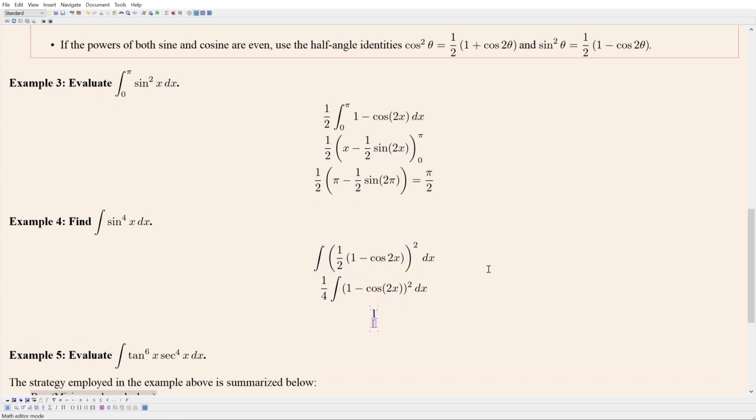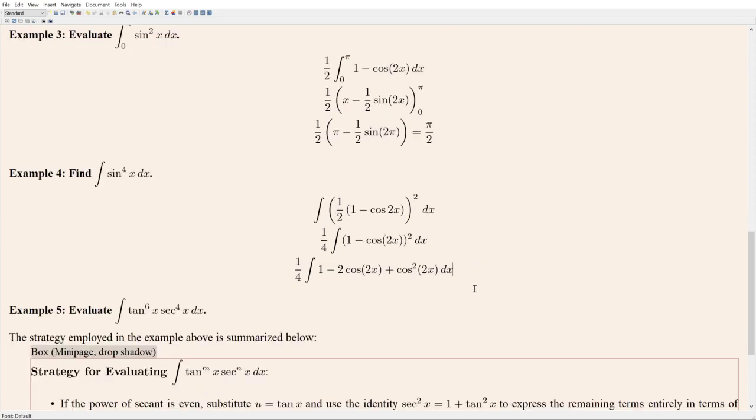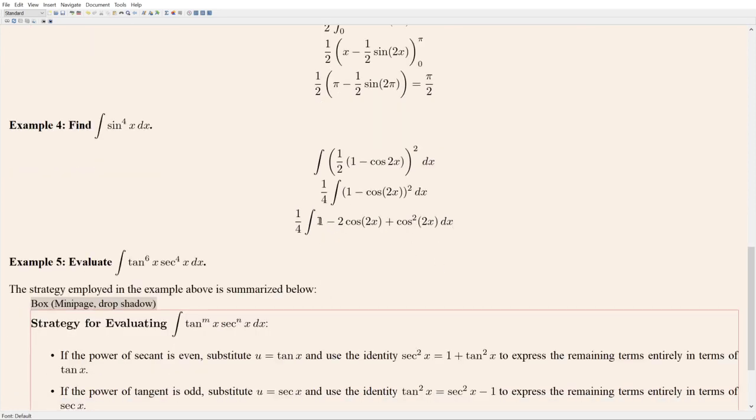Now, let's FOIL this out. So this becomes 1 minus 2 cosine 2x plus cosine squared 2x. So this is easy. This becomes 1. This becomes 1/2 sine. But we have a cosine squared here. So how do we deal with the cosine squared?